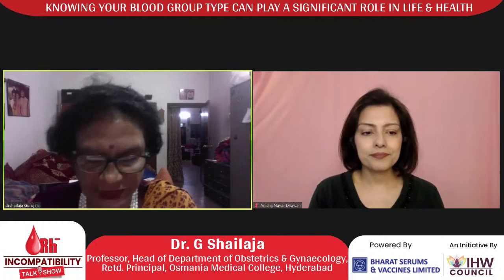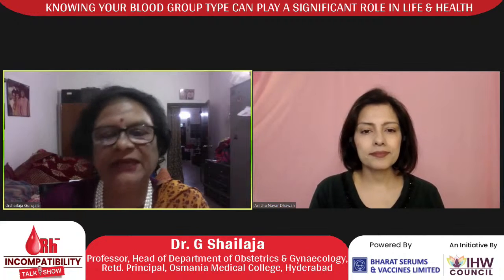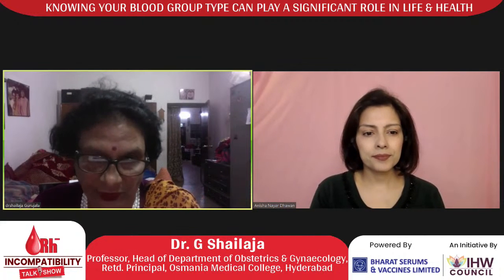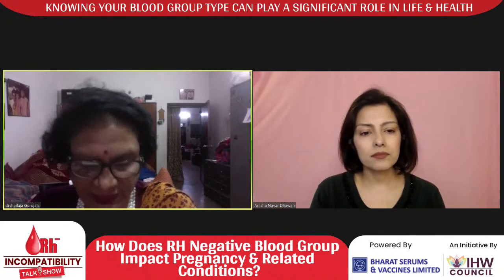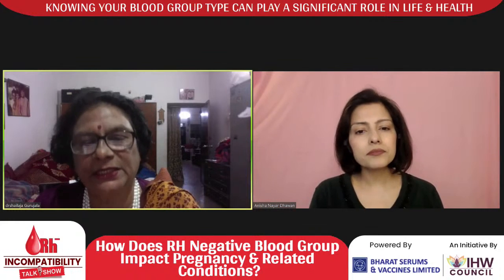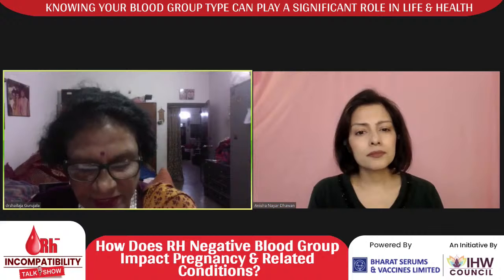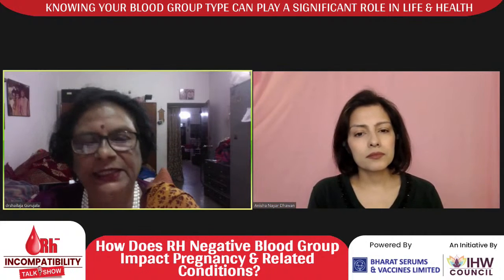The second child will be born alive, but the baby will have congenital anomalies. The baby may be born blind, deaf, mute, or with the absence of some organ. Any congenital abnormality, or a lower intelligence quotient, or cerebral palsy, anything can happen.